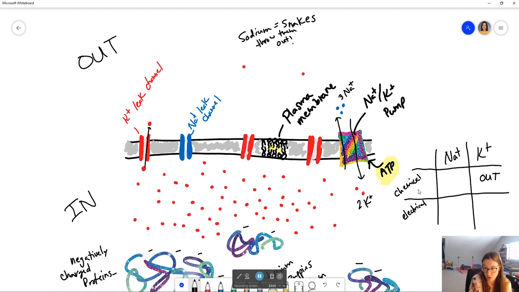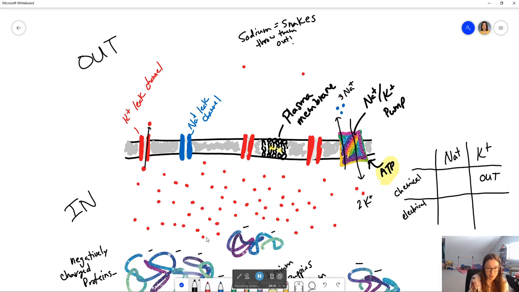All right, so we're going to fill out this chart as we go. The other thing we're looking at is electrically. Did you notice down here that we have these proteins? These are negatively charged proteins, and they have negative charges over here. Are potassiums positive or negative? Potassiums are positive.